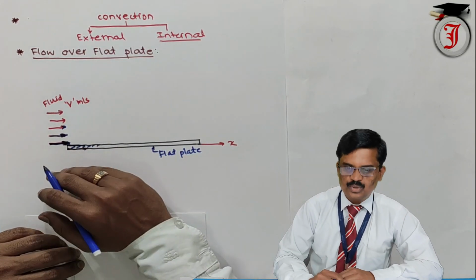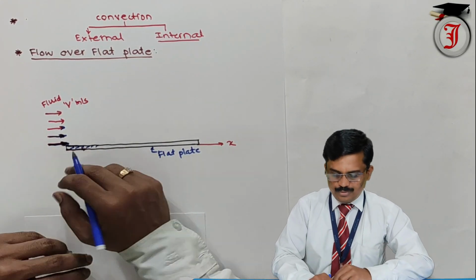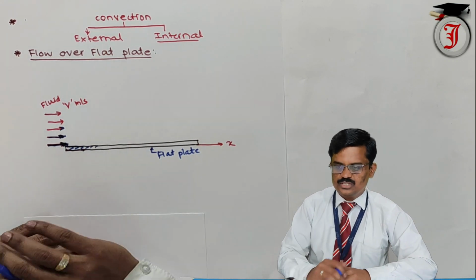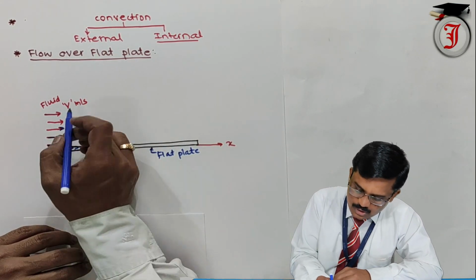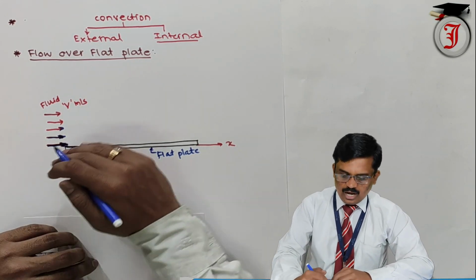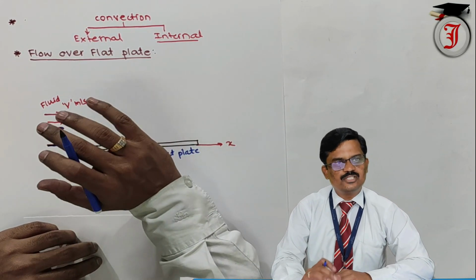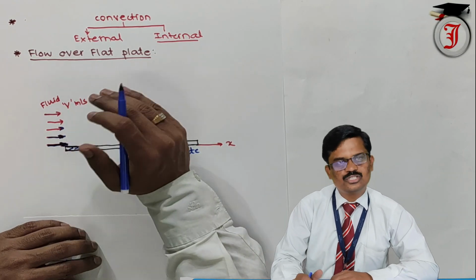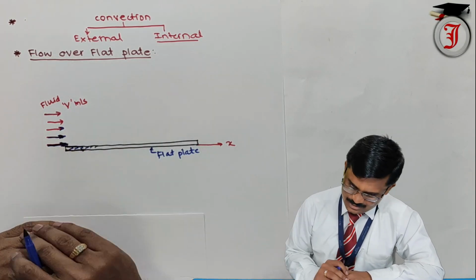Beyond that distance there is no effect of this flat plate on the velocity V meter per second. That means after a certain distance, this free stream velocity does not change or remains unchanged.